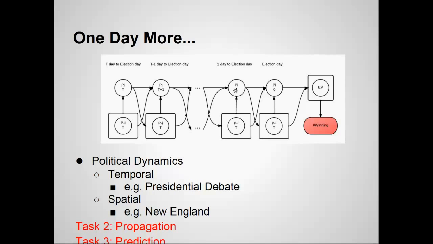Let's say some crazy things happen. For example, Sandy actually happens quite close to election day. This might change the odds of each candidate winning each state. Also, you could have some spatial dynamics. Let's say Chris Christie goes on national television and speaks highly of President Obama.